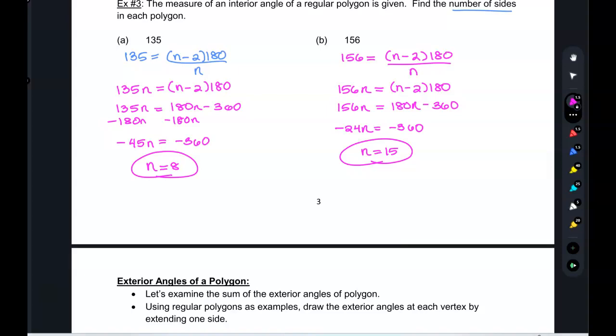Okay, quick question here. What's the smallest an interior angle could be, and what would be the largest? Well, the smallest is 1. Yeah, smallest. What's a regular triangle? 60. So the smallest that an interior angle would be is 60. How big could it get? What can it go over? 180.